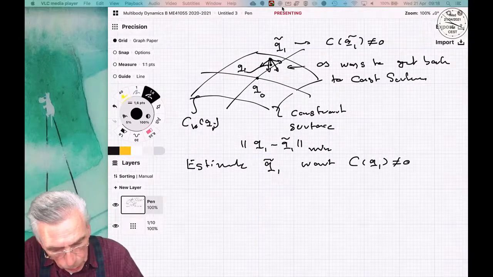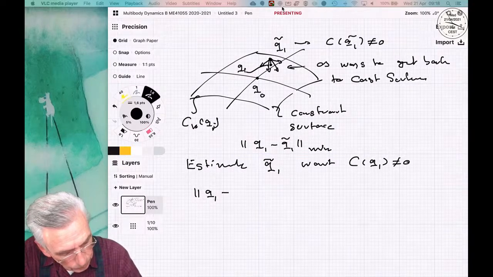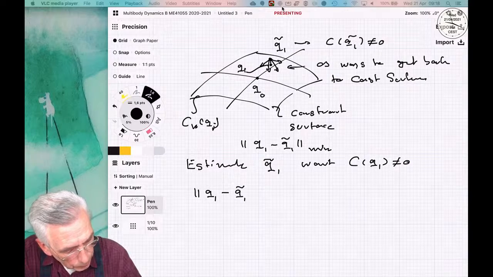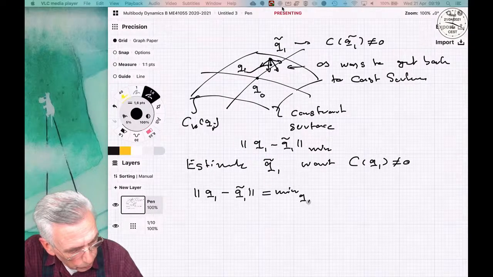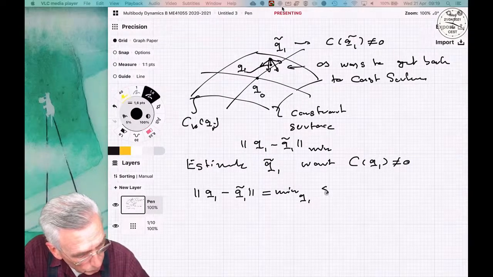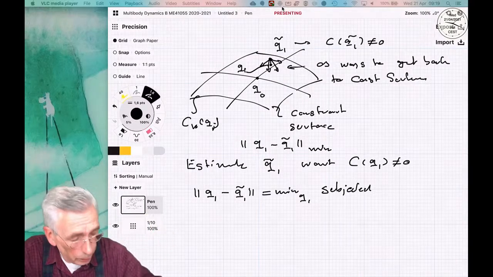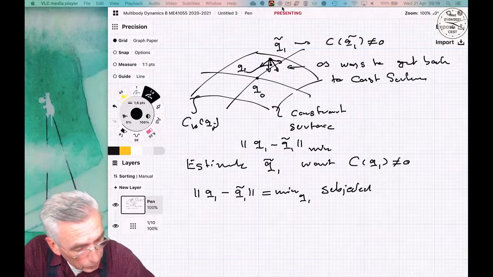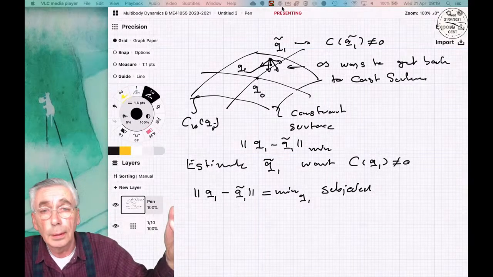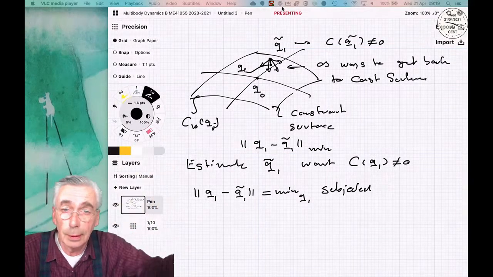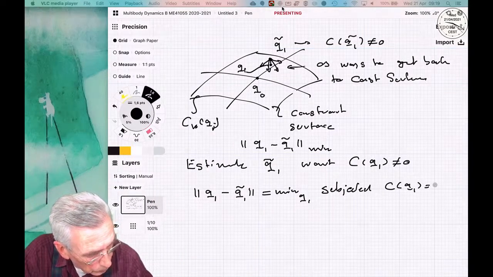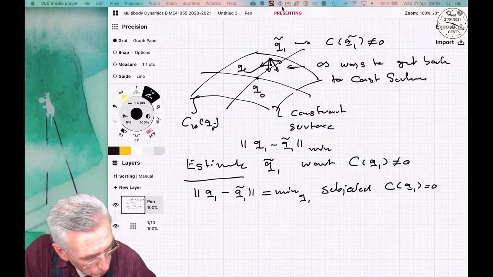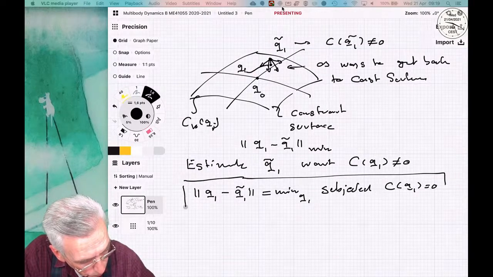And now what we want to do, we say, well, the real one, which we don't know, of course, minus the estimated one, the norm of that should be minimal with respect to what is our variable, that's Q1, but it's subjected to the constraint, because we want to get on the surface, we cannot go anywhere. Otherwise, the best solution will be the Q tilde itself, then the distance is 0, but it's subjected to C of Q1 is 0. And this is what we call a constraint minimization problem.